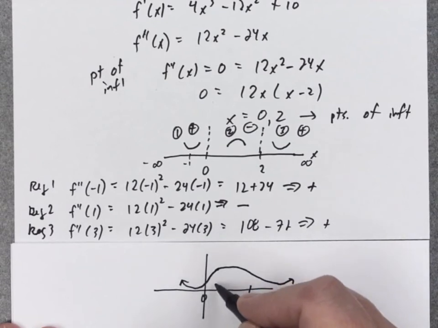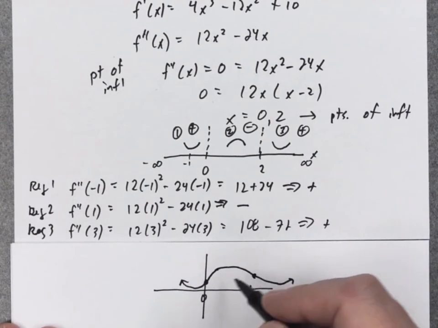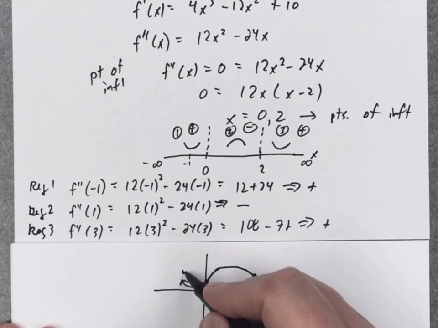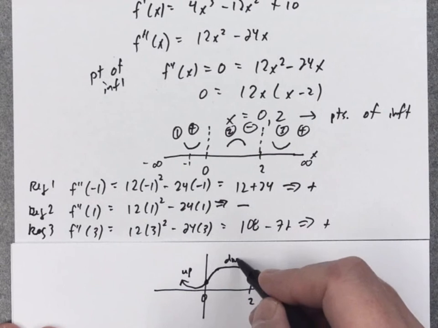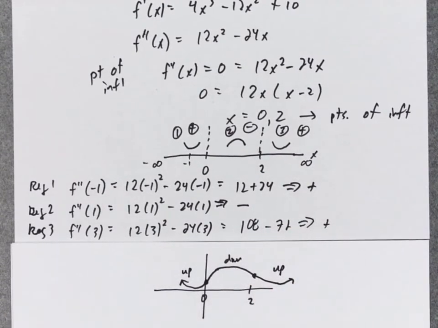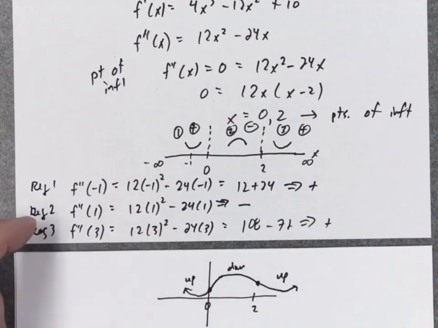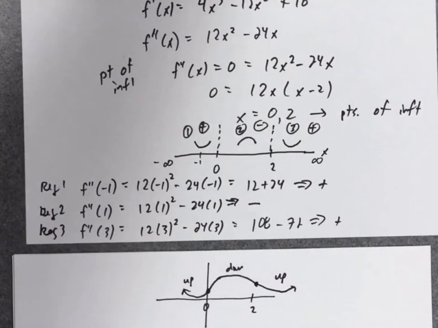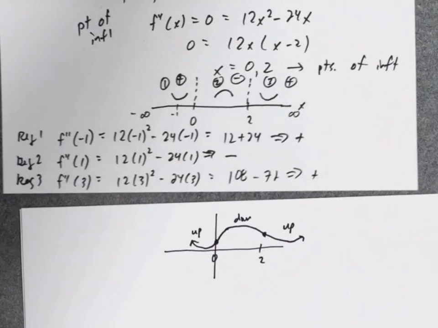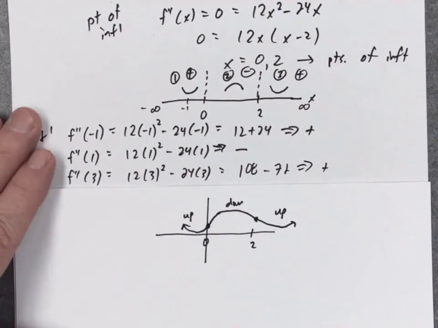It's a little tricky to see. So here's an inflection point. Here's an inflection point. Concave up, concave down, concave up. Now in this problem, they don't ask us to sketch it, but I just did that to visualize it. What they asked for were the points of inflection and the intervals where the function is concave up or down.